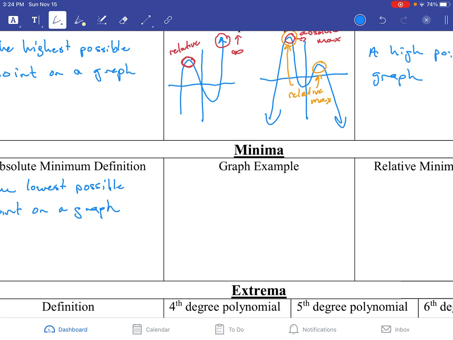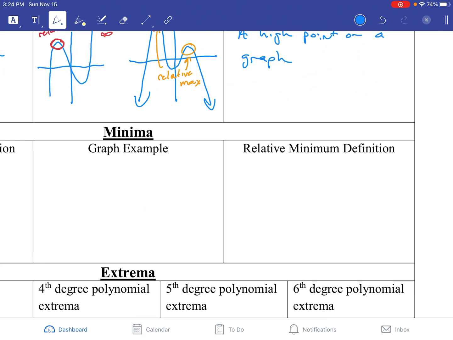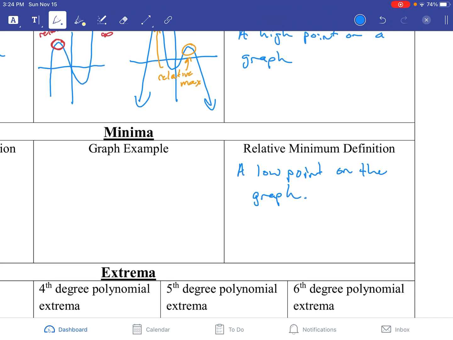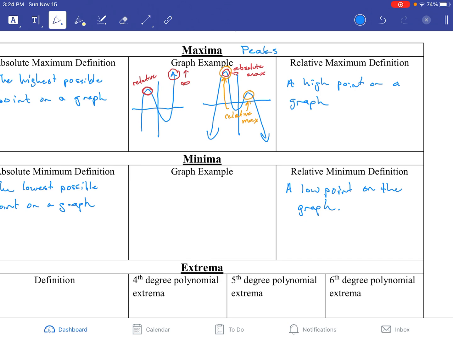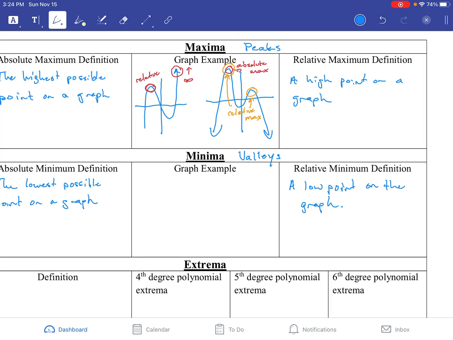Okay. A relative minimum is a low point on the graph. Okay, when I think of minimums, I think of valleys. Okay, so peaks and valleys.